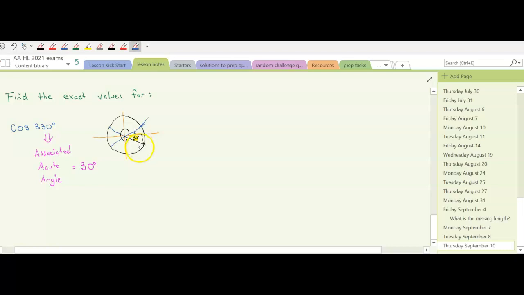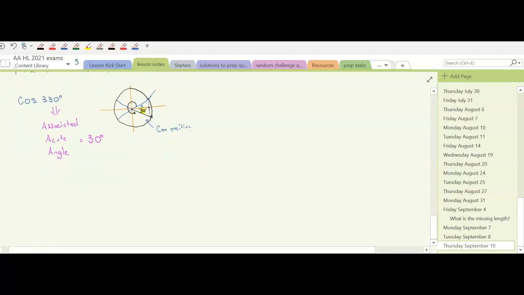And because I'm in this quadrant where cos is positive, then I know that cos 30 is going to have the same value as cos 330, because look at that, it's got the same x coordinate. So associated acute angle is 30 because it's cos. I'm in the fourth quadrant, cos 330. So therefore, cos 330 is equal to cos 30.